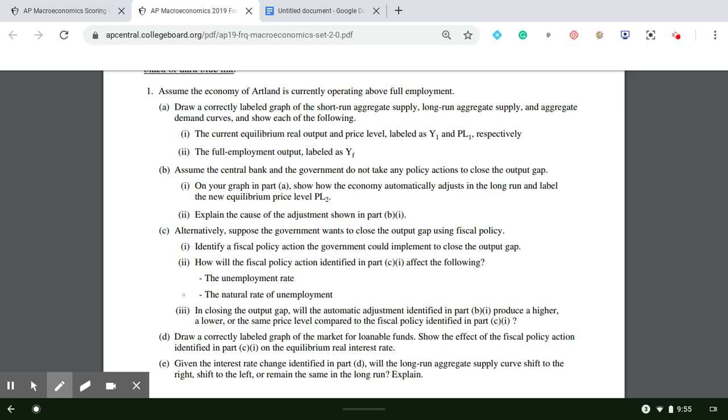And then how will the fiscal policy action identified in Part C1 affect the following? The unemployment rate, the natural rate of unemployment, and then 3, in closing the output gap, will the automatic adjustment identified in Part B1 produce a higher, lower, or same price level compared to the fiscal policy identified in C1.